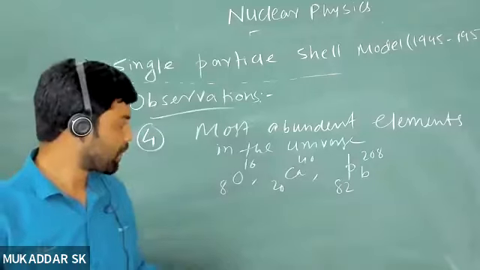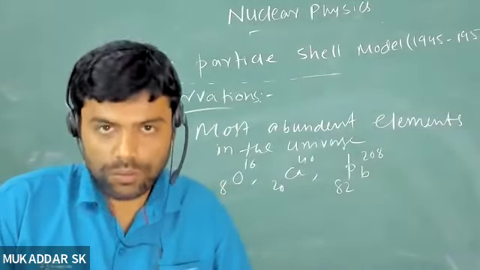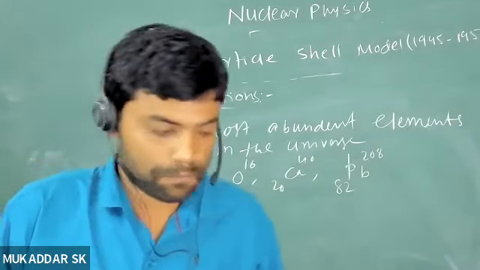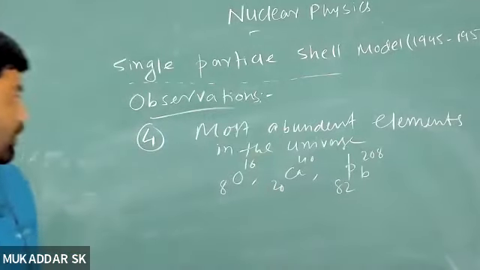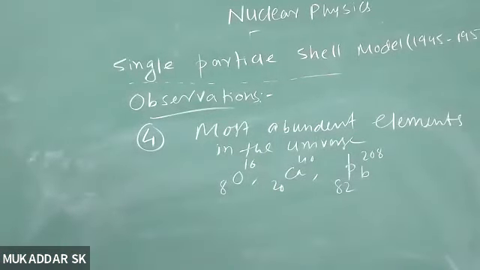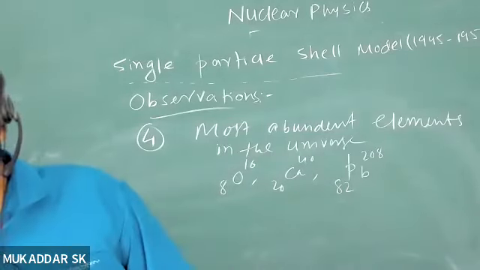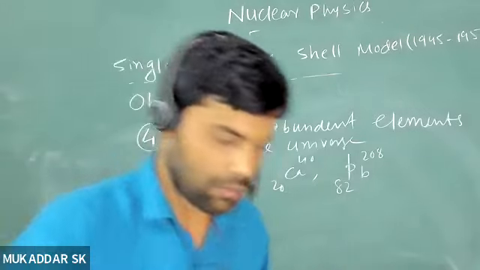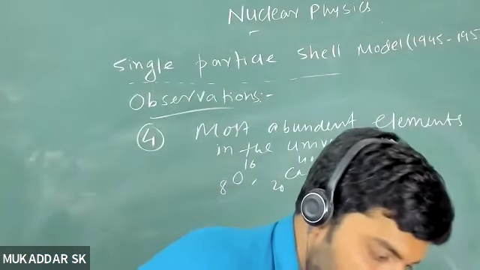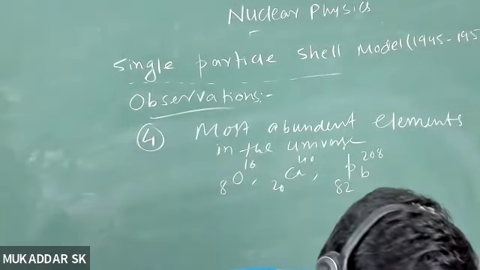Okay, and this is the most abundant element in the universe. Abundant means easily available, most available. So that belongs again to a magic number. Okay, so this is the observation. Then I'll discuss the shell model tomorrow, because time is already over. But tomorrow's class is very important for your NET purpose.